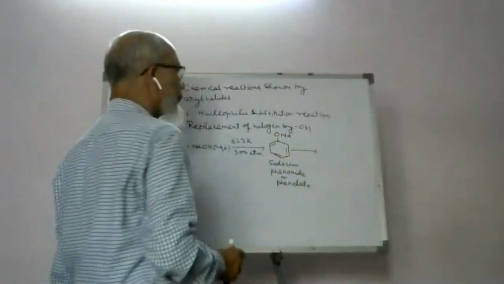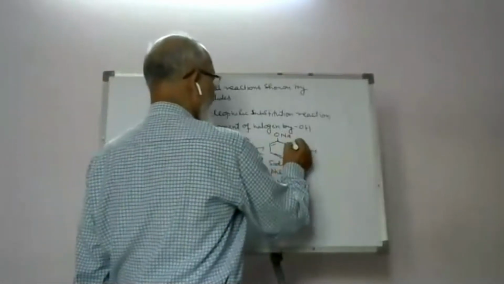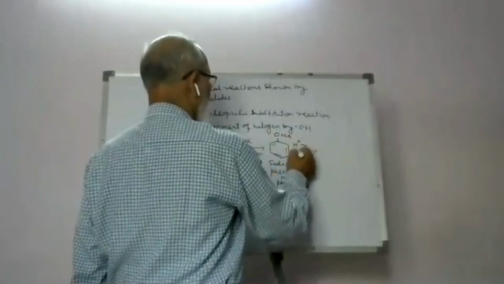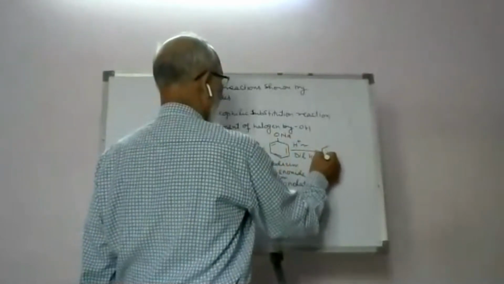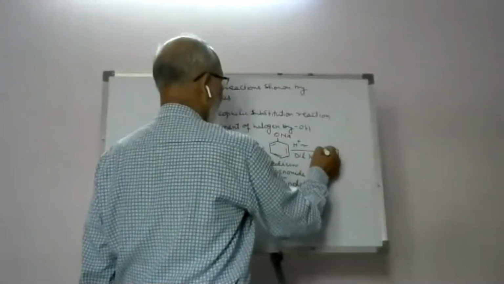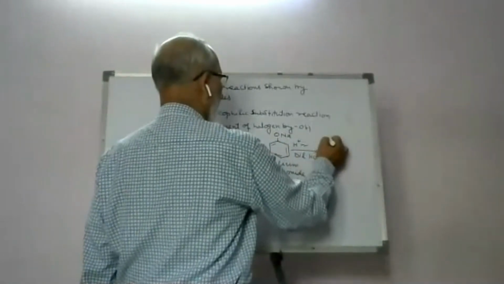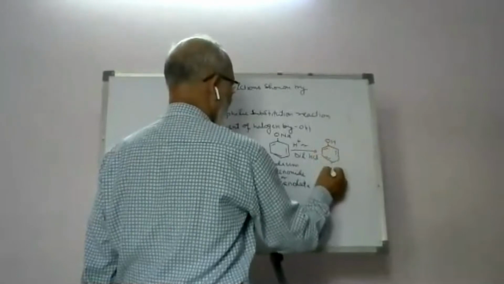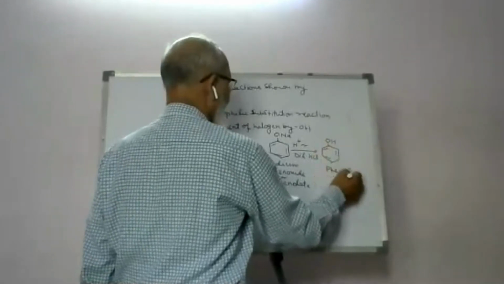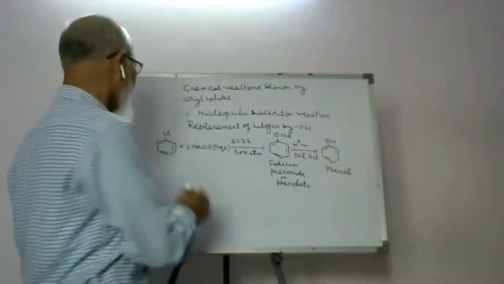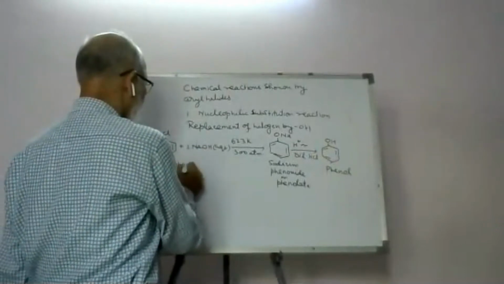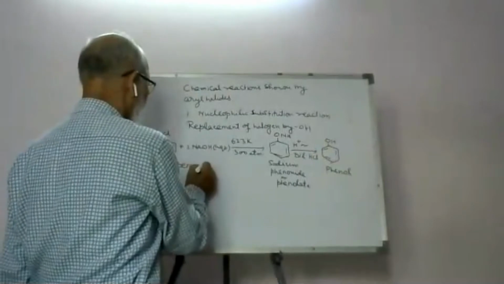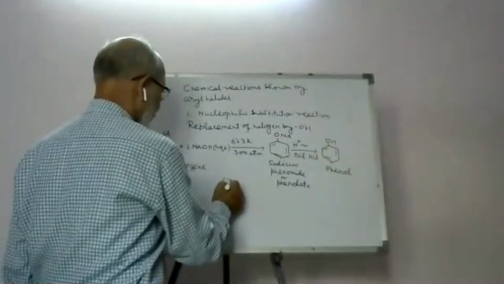And this on acidification, that is H plus or dilute HCl, will give you this compound with OH present on the benzene nucleus, known as phenol. So chlorobenzene can be converted into phenol by this method, and this method of conversion of chlorobenzene into phenol is known as Dow process.